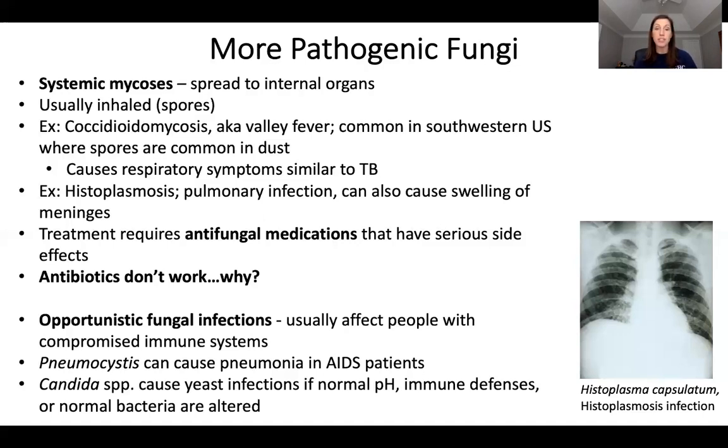It's caused by a fungus called pneumocystis, and it's very common in patients who have late stage AIDS caused by the HIV virus. So once the HIV virus has progressed to the point where you actually have full-blown acquired immune deficiency syndrome, that fungus, which wouldn't really cause too much of a problem in a person with a functional immune system, can actually take hold in the lungs of an AIDS patient and cause pneumonia.